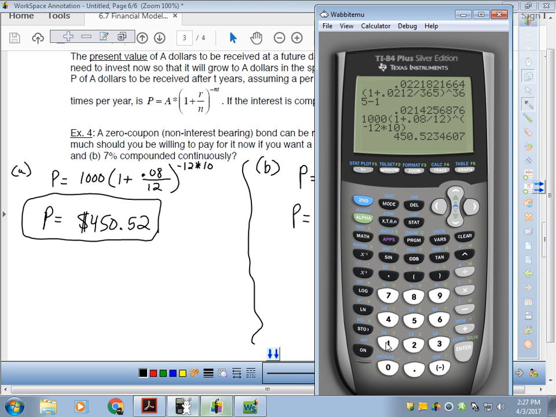So we go to our calculator, 1,000 times e, second ln, negative 0.07 times our time, which is 10. And so we get 496.59.